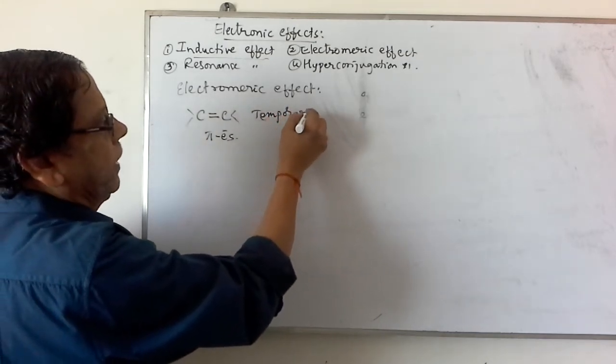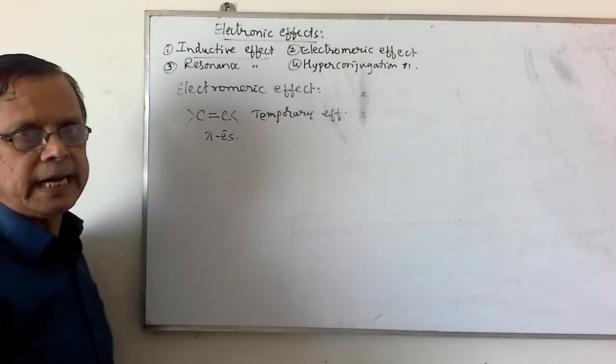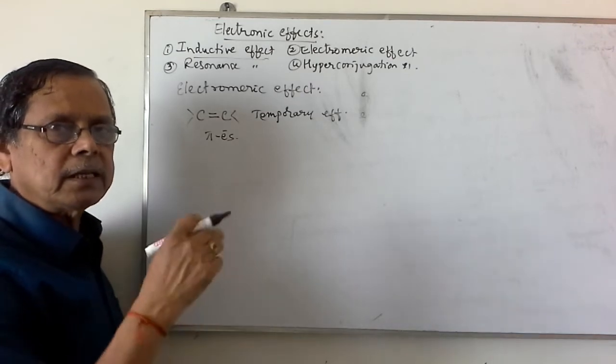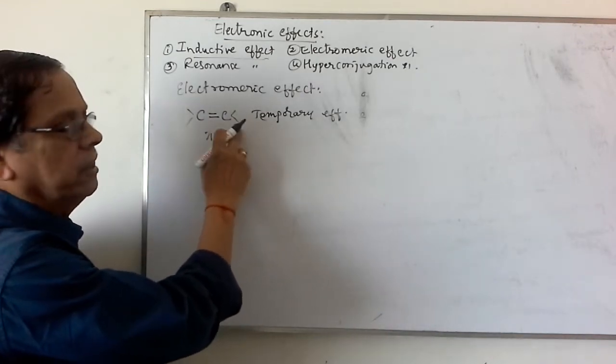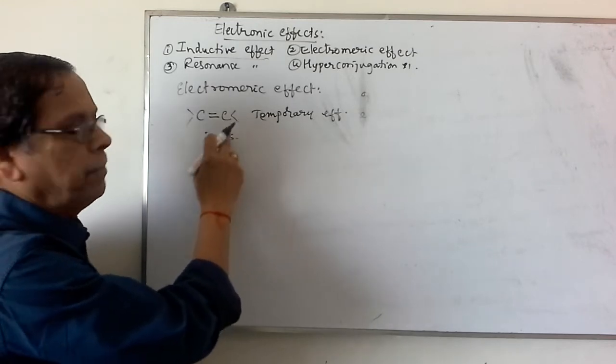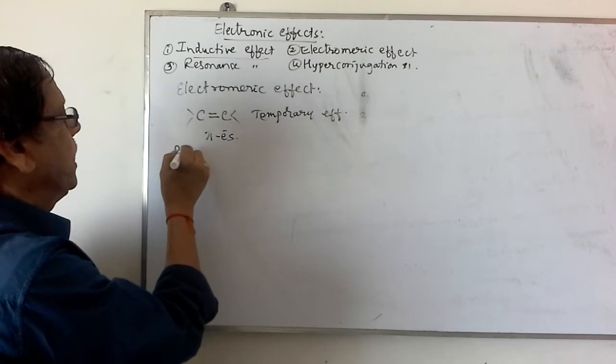Temporary effect. It is only when a reagent is used in the reaction, then based on the need of that attacking reagent, there will be polarization of the carbon-carbon or any multiple bond electrons.